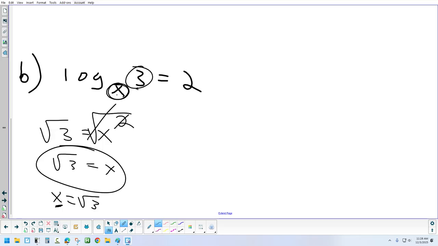Yeah, that's what we have. And whether you write 3 equals x to the second or x to the second equals 3, it's just a matter of what side the letter ends up on. I was just getting confused. Yeah. You could do it either way. Any other questions on that?